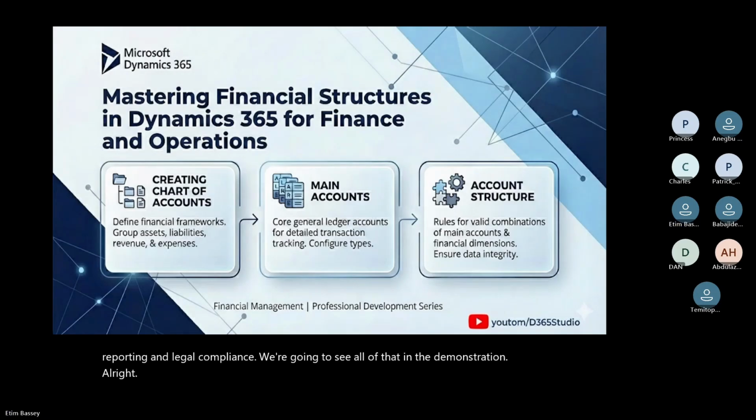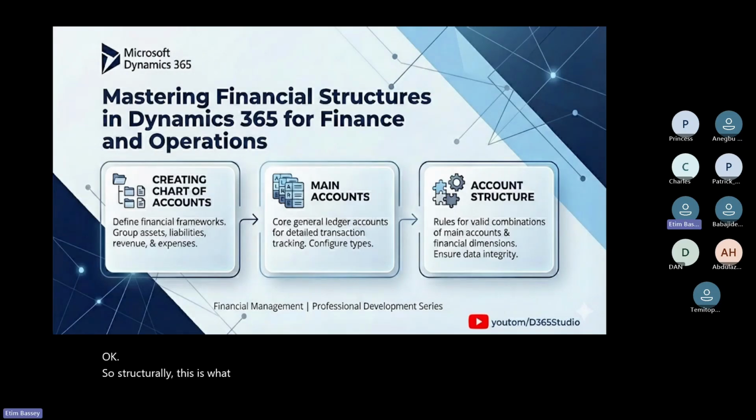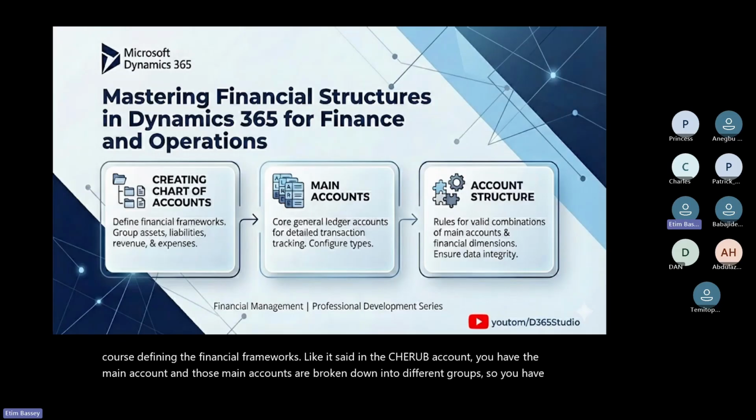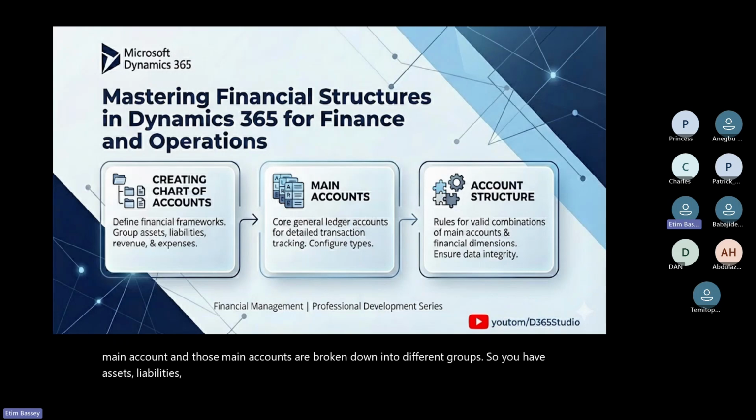Okay. So structurally, this is what we have as our focus for today: creating the chart of accounts and, of course, defining the financial frameworks, like we said. In the chart of accounts, you have the main accounts, and those main accounts are broken down into different groups. So you have assets, liabilities, equity, revenue, expenditures, and all of that.